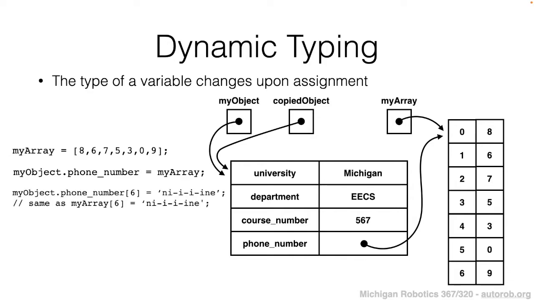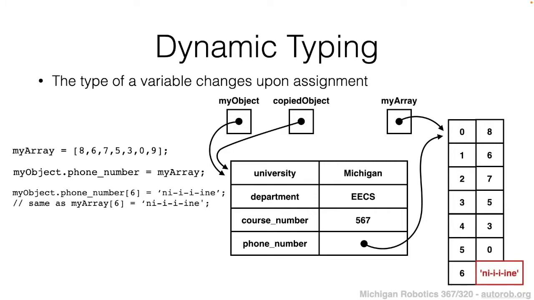So for example, in this case, we could take our myObject.phoneNumber property, which was pointing to the array, where the array contained this sequence of number types, and we could actually modify one of the elements from this sequence to be a string type, and JavaScript will perform the following.